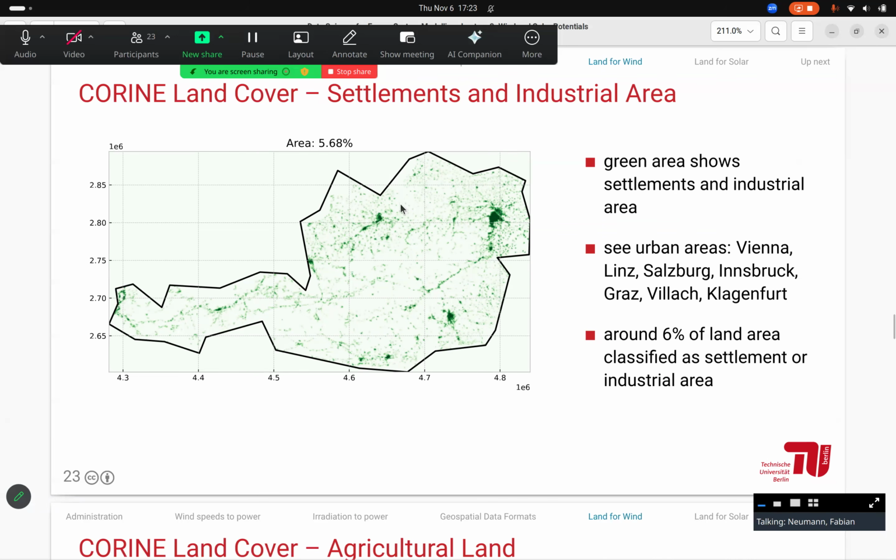What I show you here is a selection of some land use classes that are settlements and industrial areas, two classes that we would typically just exclude. You can see urban areas around Vienna, and Innsbruck here, for example, and that makes up around 6% of the area.